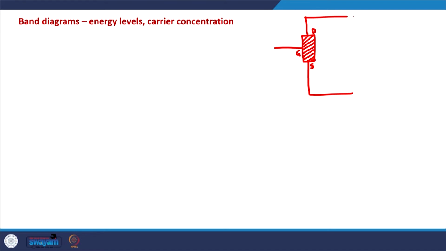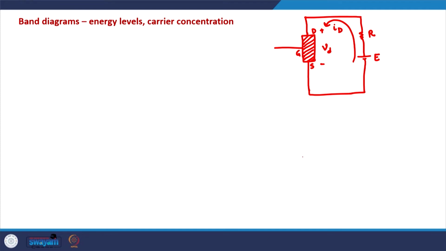If we apply a battery and a resistor in series, this is how it would look. Let us say the battery voltage is E, the resistor is R, the voltage across the MOSFET is VD, and the current that flows through this circuit is ID.